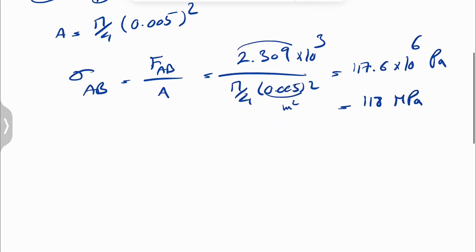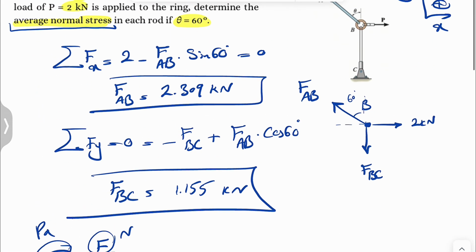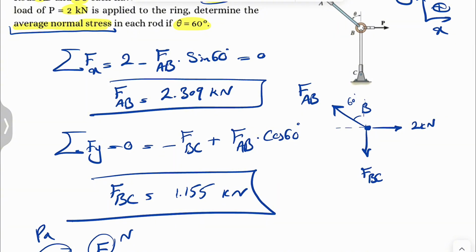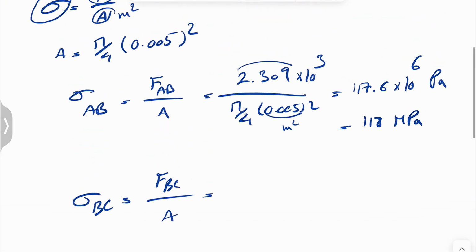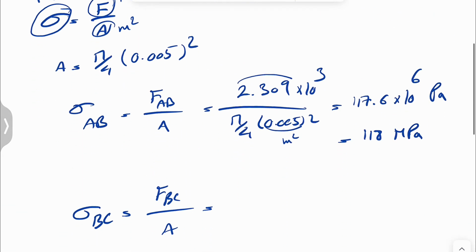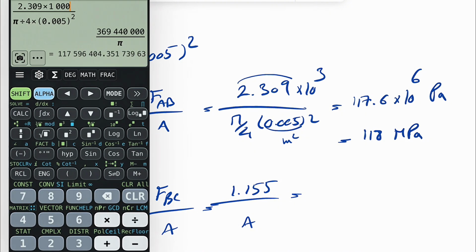And now we need to find the average normal stress in member BC. So sigma BC will be FBC, and the area would be the same. So the force was 1.155, and we have the same area again.